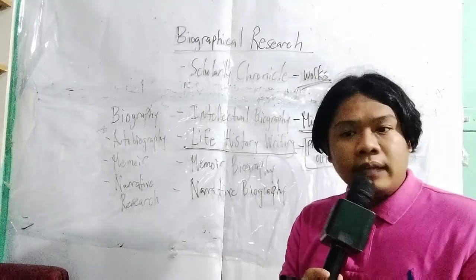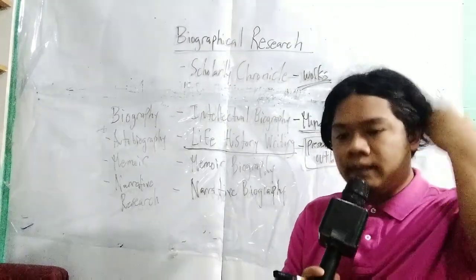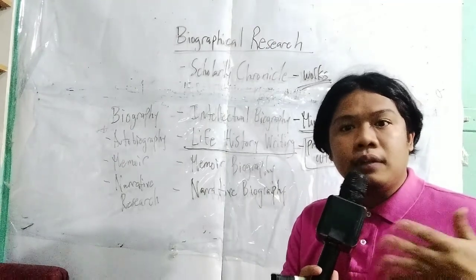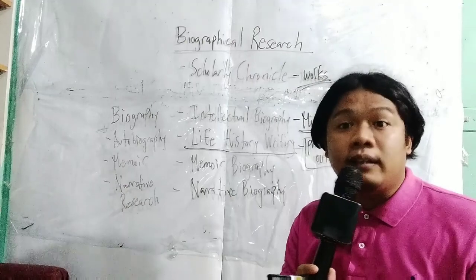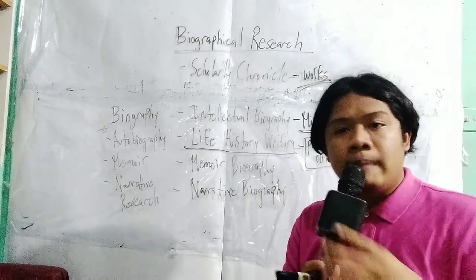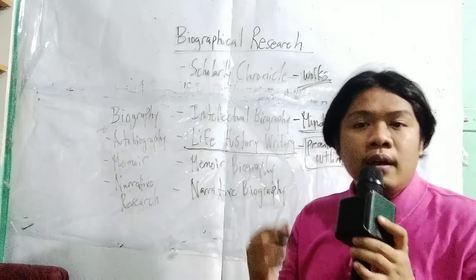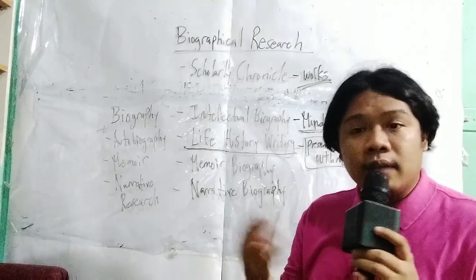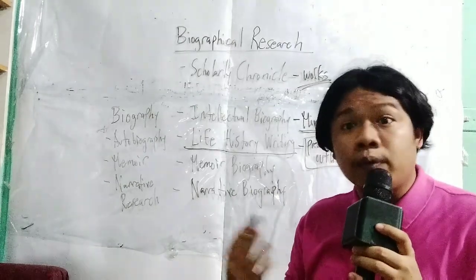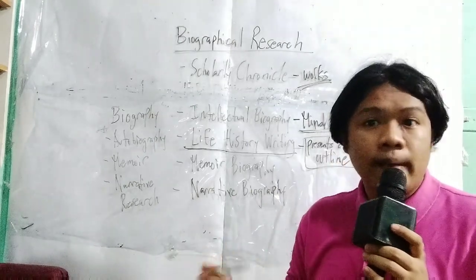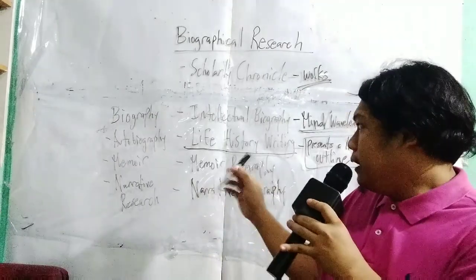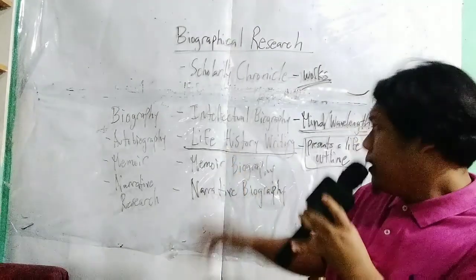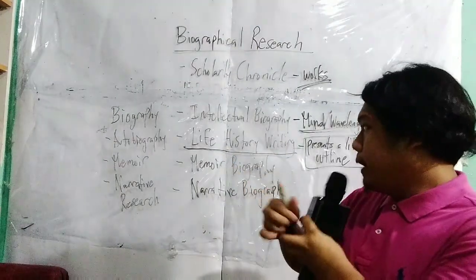So in that respect, Stephen Hawking might have presented himself as someone who has continuously evolving ideas, in which it could be possible for most people, especially for him, to immediately debunk because of the continuously changing environment and the continuously changing circumstances. So that's how you write the life history research. So let's go to the memoir biography.